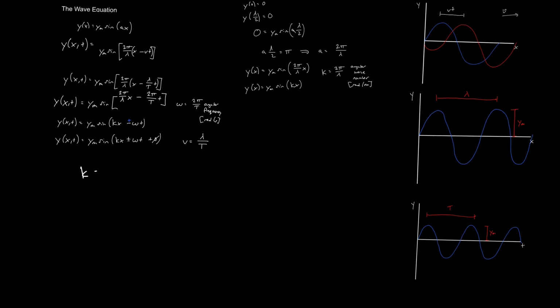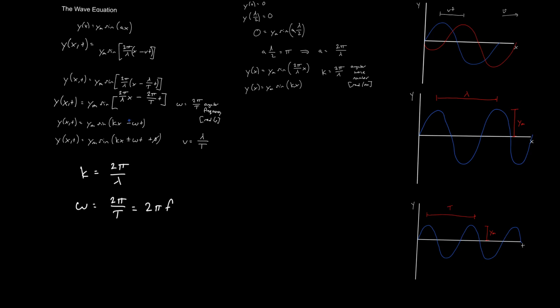So k was the angular wave number, omega was the angular frequency, so that equaled 2 pi divided by the period, and also 2 pi times the frequency in hertz, or oscillations per second.